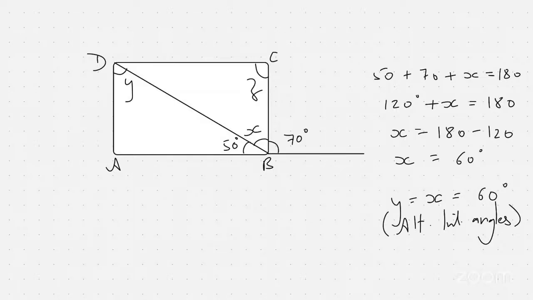Now, coming back to the question. We were discussing the Z angle in the previous class. Now see, X and Y are both 60 degrees.